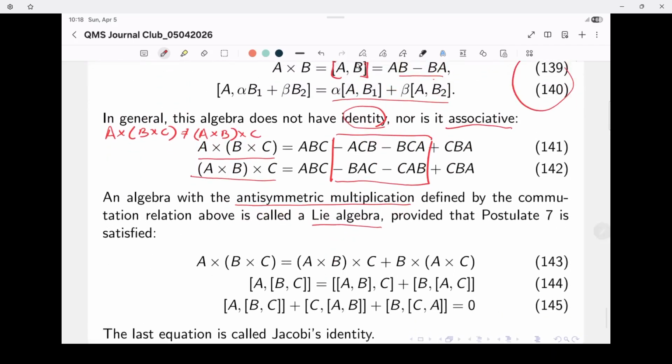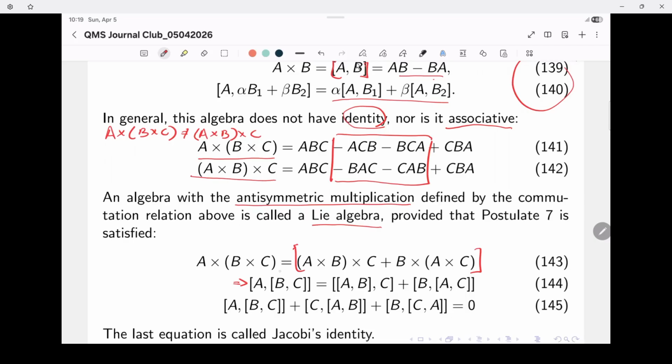The derivative property basically tells you A multiplied with B multiplied with C equals this whole thing. This is what we call a derivation. But in terms of a Lie algebra with the commutator defined, it is actually equal to 144.